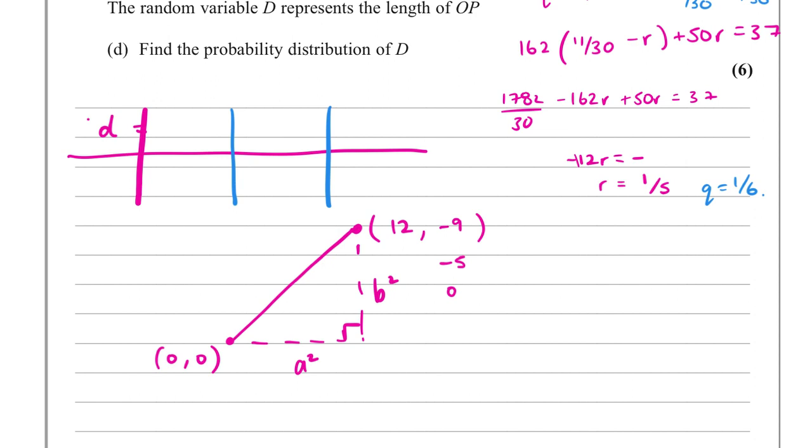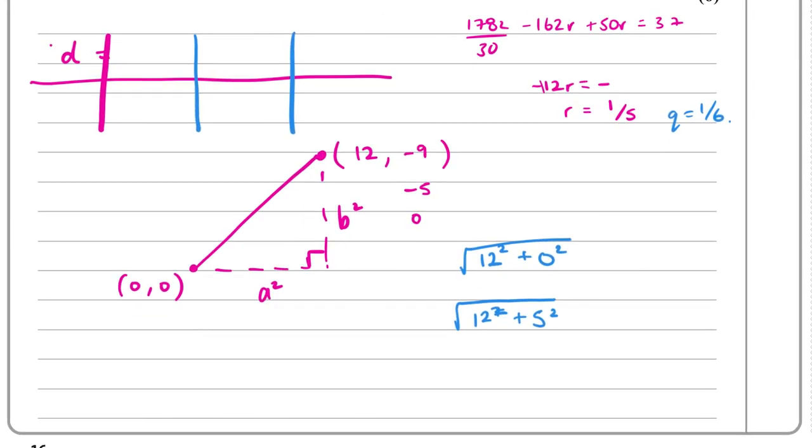So we could have 12 squared plus 0 squared, square rooted. This is going to give me my d. Or we could have 12 squared plus 5 squared, and remember, this could be plus or minus 5. Or we could have 12 squared plus 9 squared.